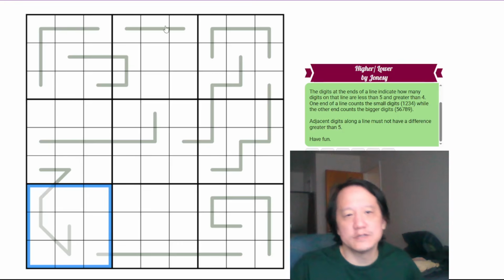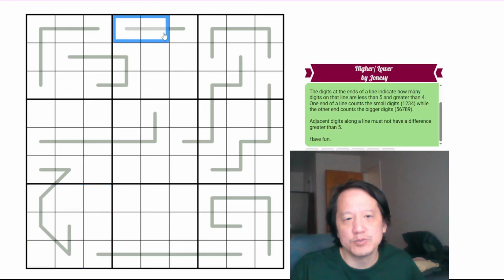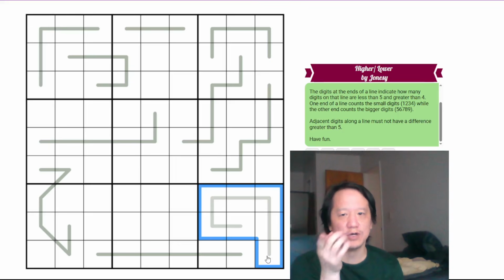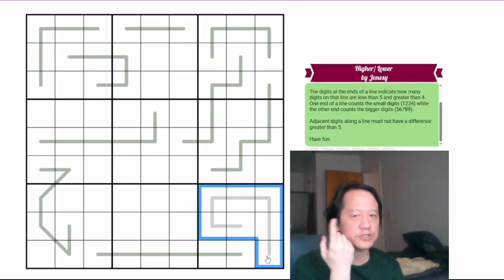So on this line, this would count. Let me try to think of an example. One end of the line counts the small digits, which are 1 through 4. The other end of the line counts the larger digits, which are 5 through 9.